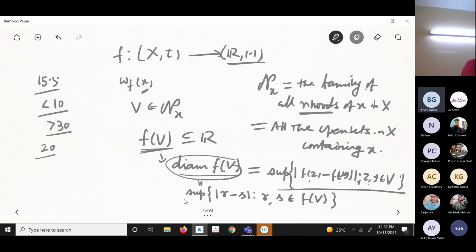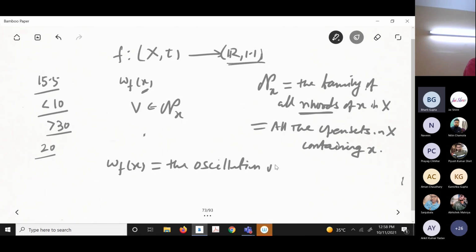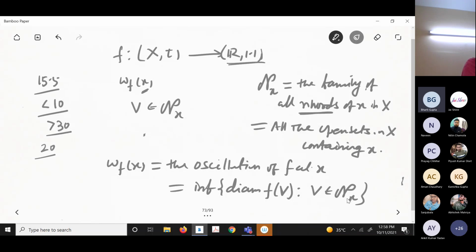I define the oscillation of F at X to be the infimum of the diameters of F(V), where V is a neighborhood of X. That is, over all the neighborhoods of X you take the infimum of these diameters.